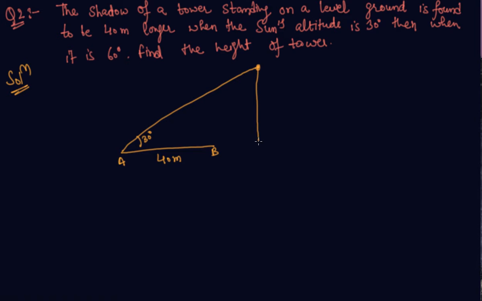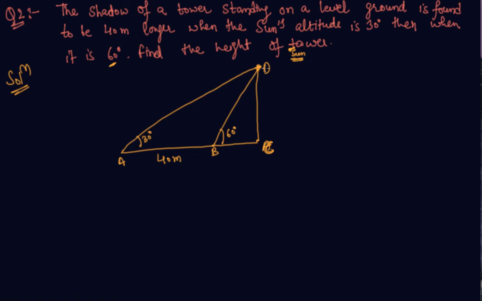Okay, so somewhere, and then when it is 60 degree, the picture says that, let's suppose this is a tower of height CD, and this is the sun. Here the sun is somewhere here.